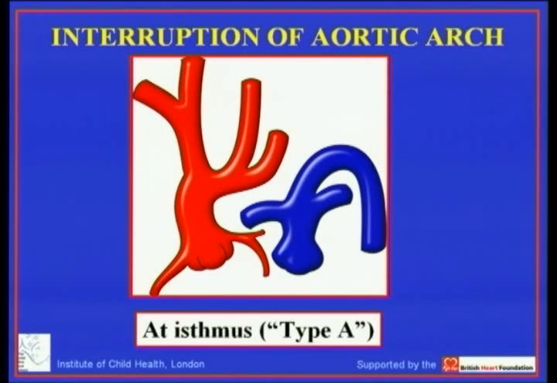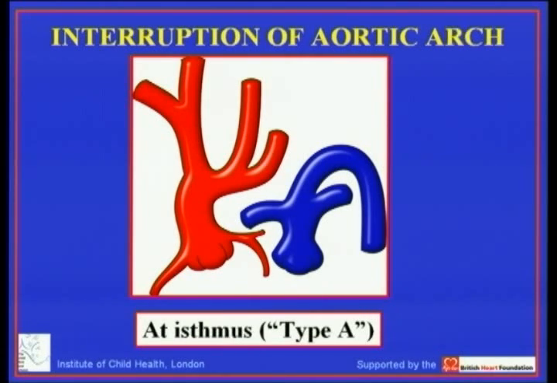Now, when we describe interruption of the aortic arch, again, we find ourselves using an alphabetic categorization, first introduced by Celoria and Patton. And they describe three types: interruption at the isthmus.